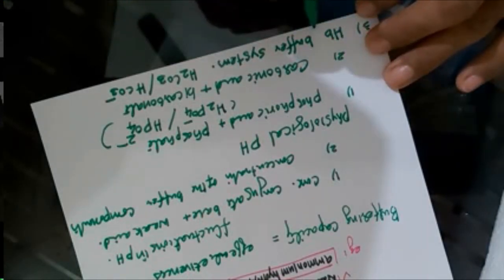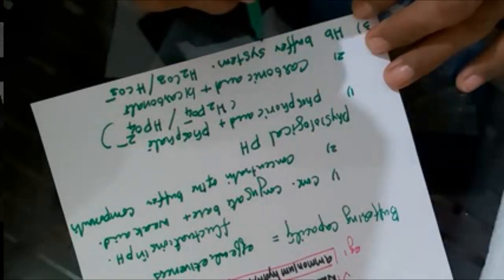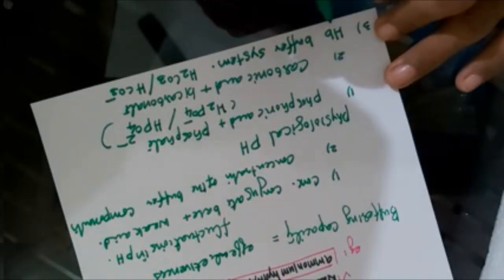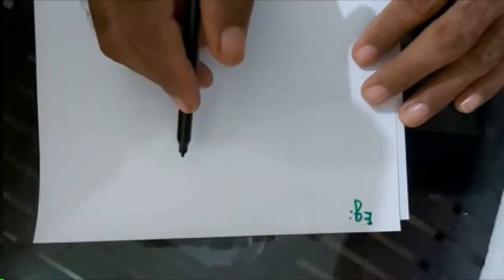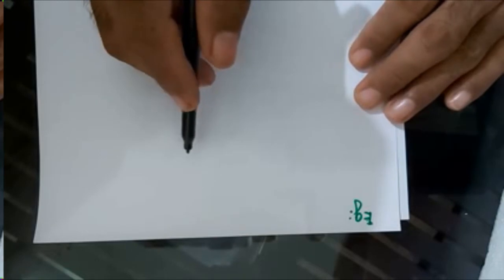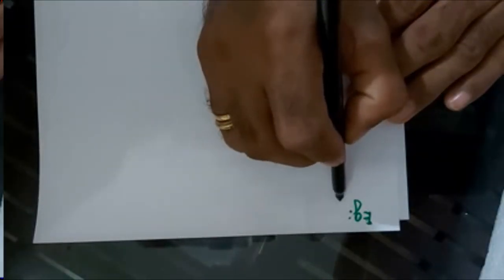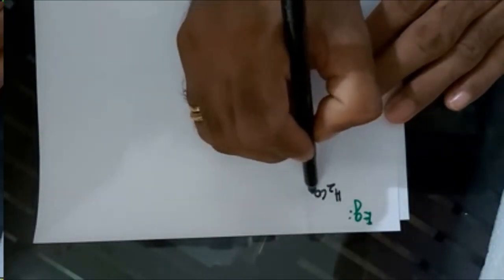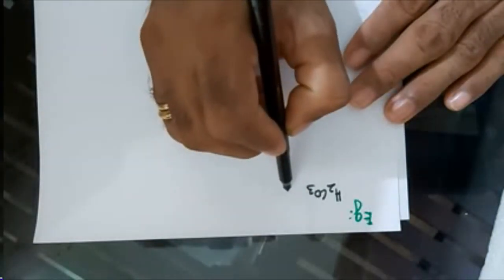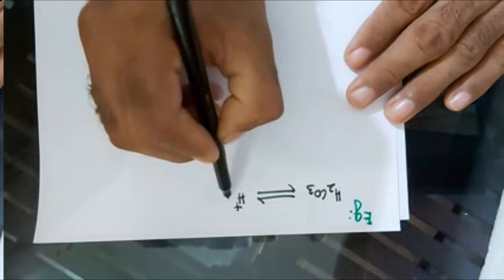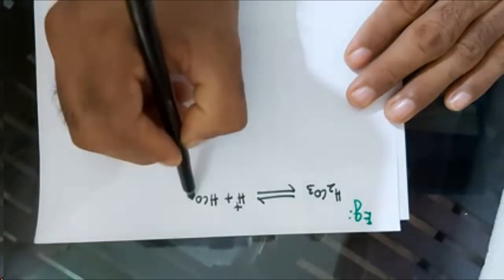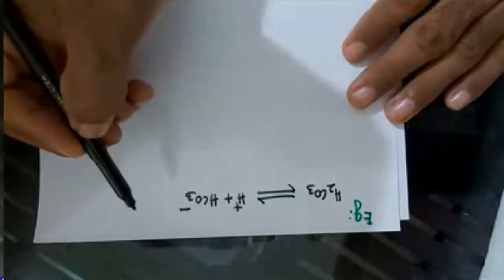buffer system, the HB buffer system. So these are the three buffer systems in the human body. Let's look at each one by one. Now let's look at the examples. This H2CO3 dissociates into H plus plus HCO3 minus.